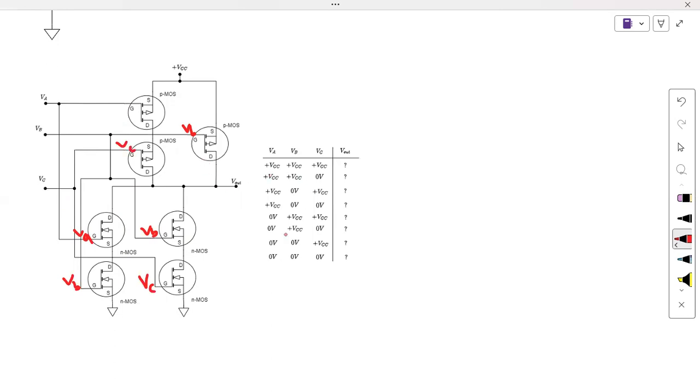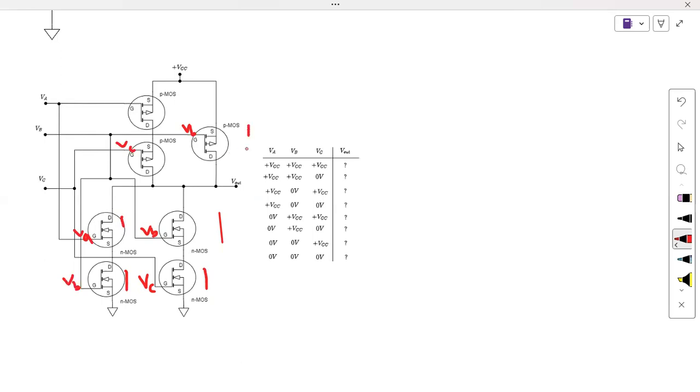So just going through all the different combinations, we know that the output is either going to be grounded, which means it's going to be 0, or it's going to be equal to VCC. And so looking at this first combination, we have A, B, and C. So if we have A, B, and C all active, we know that this is going to be a short along with this, and this.